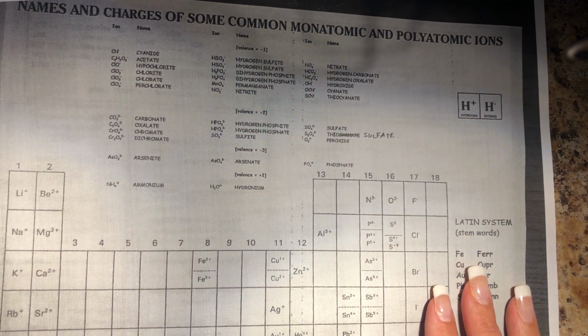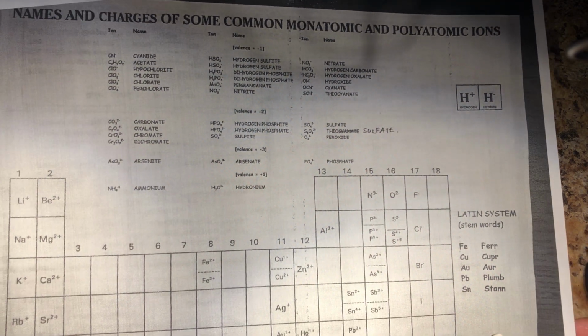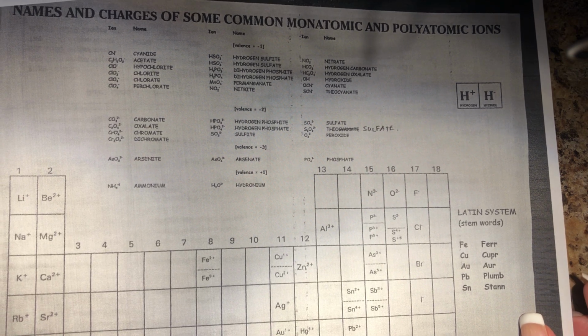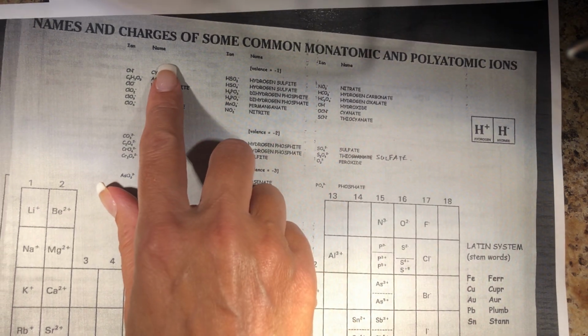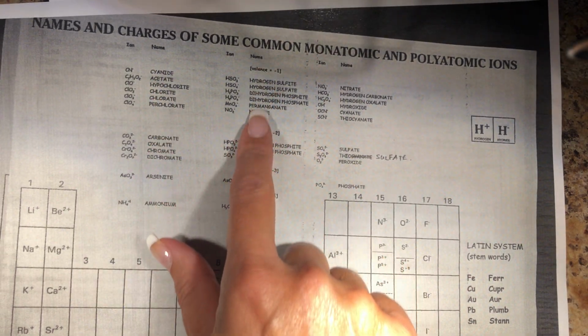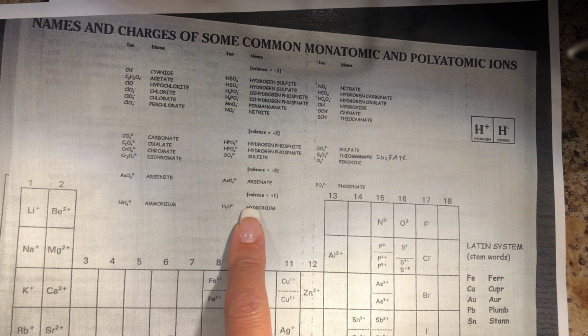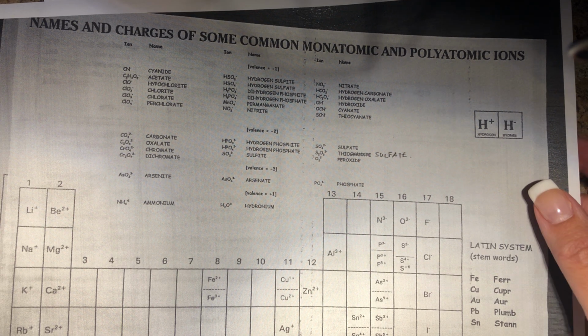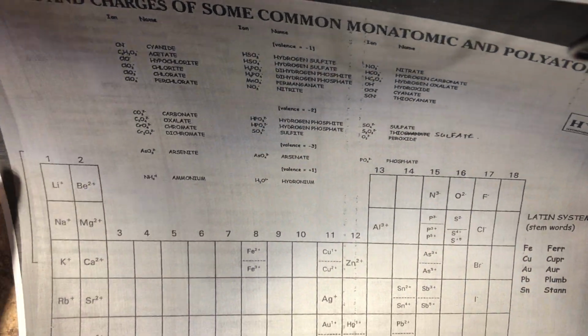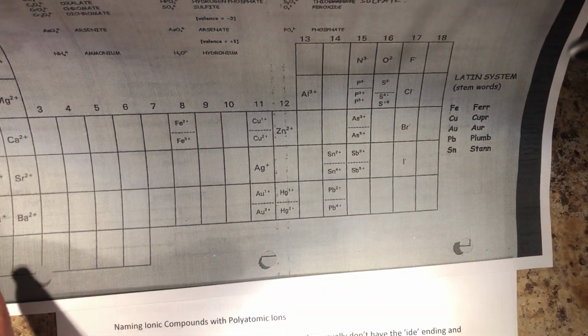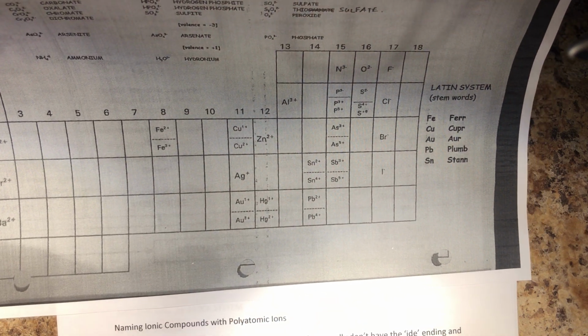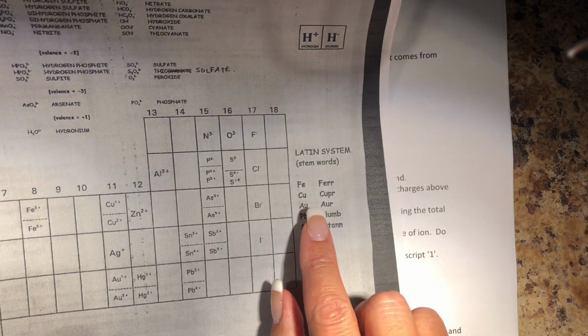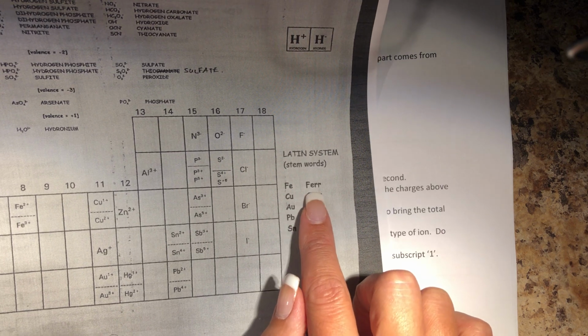You'll also have a periodic table at your disposal. So you'll use the one in the textbook for now. But this has also the charges on numerous polyatomic ions, some of which we will learn how to derive the names of, meaning we will learn how to get the names. And on here, there also are some more multivalent ions, as well as the Latin system stem words.